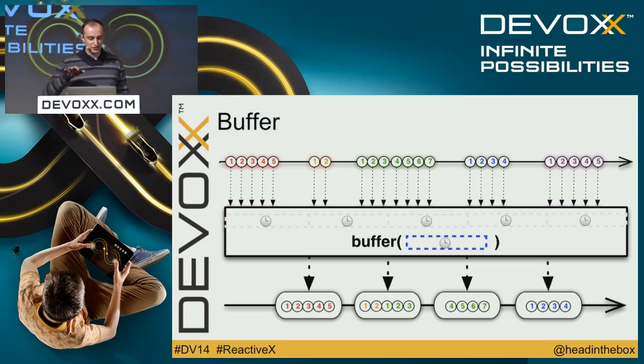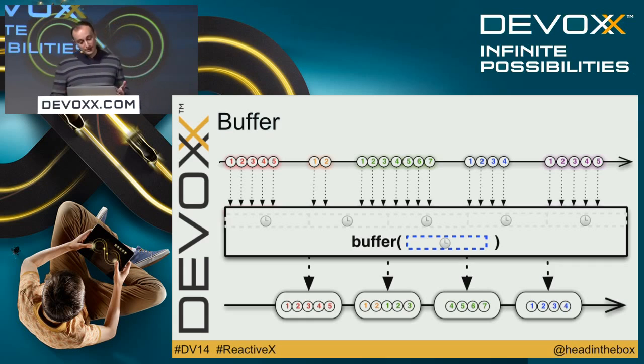So there's one emission that gets all the buffered elements within the specified time. And then there are a lot more operators that we could use to slow down or calm a quick, fast-emitting observable.